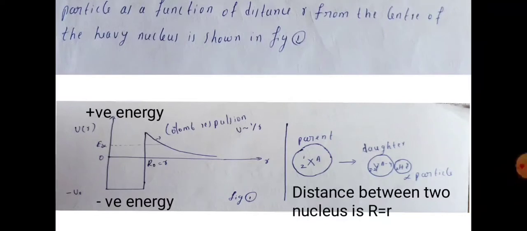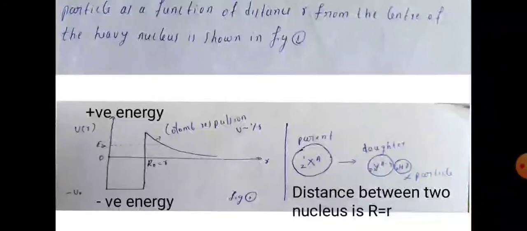Instead of repulsion, they are held together in the parent nucleus. It is because of the strong nuclear force, which is greater than the Coulomb force.